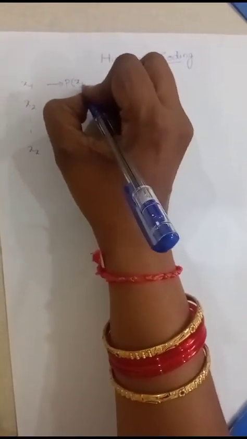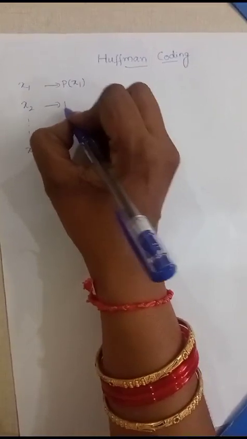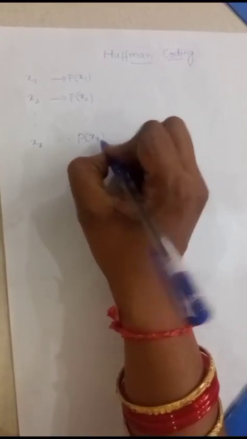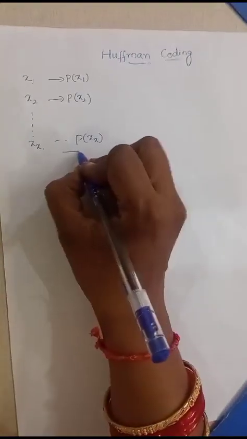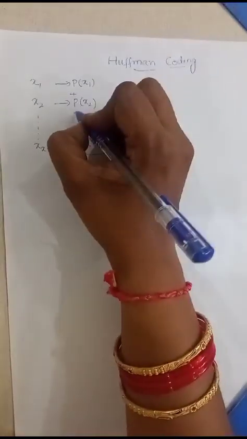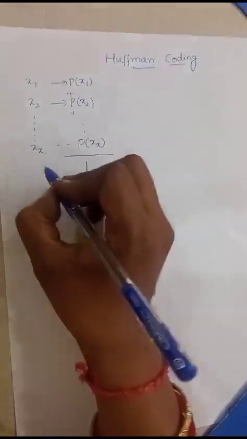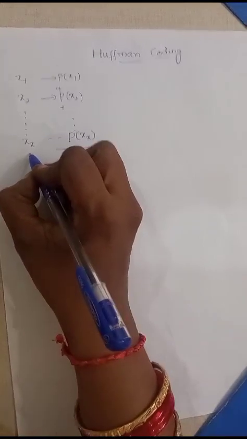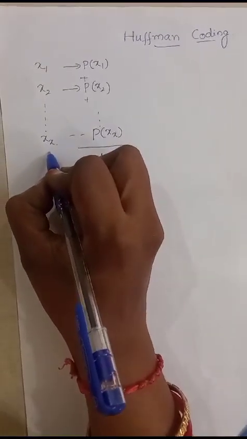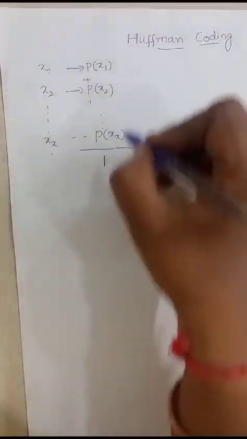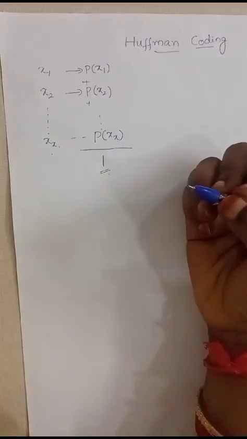Let us say it as p of x1, p of x2 and so on up to p of xn. The sum of all these probabilities should be equal to 1, because all these symbols are the inputs that we are transmitting through a channel.